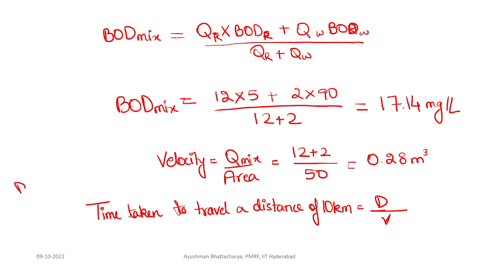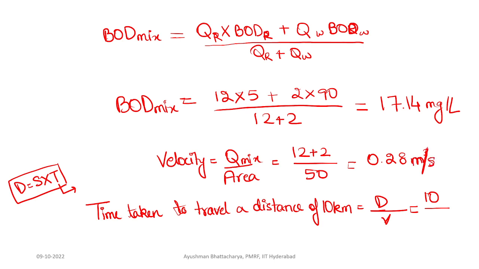That is the basic thing: distance is equal to speed into time, and we have to calculate the time. So distance by velocity. The distance is 10 kilometer, and velocity is 0.28 meter per second.